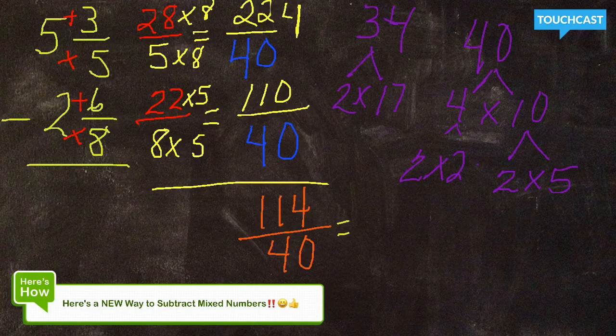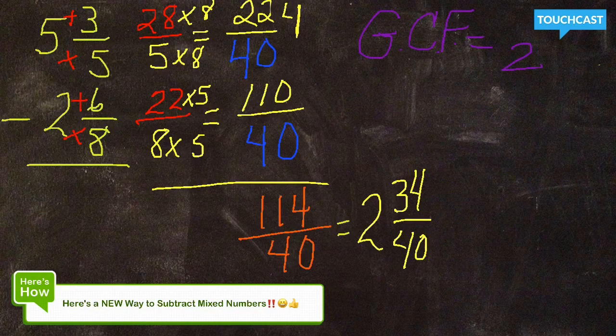Now we have to find our matches. So we'll say match, match, right. And that is our greatest common factor for 34 and 40. So that's the number we're going to use to divide and simplify our fraction.